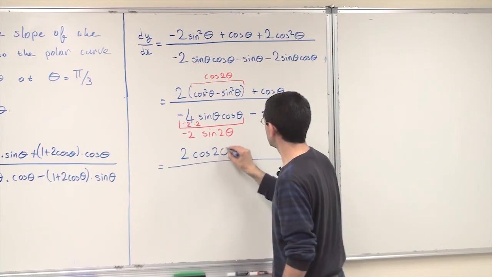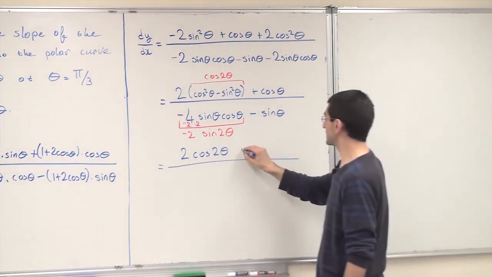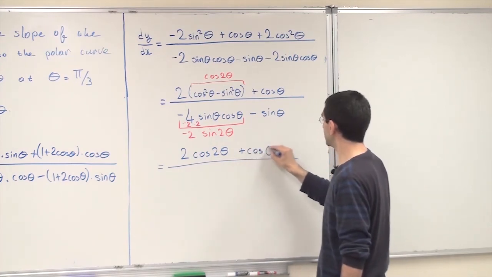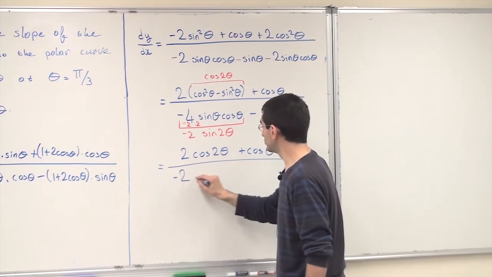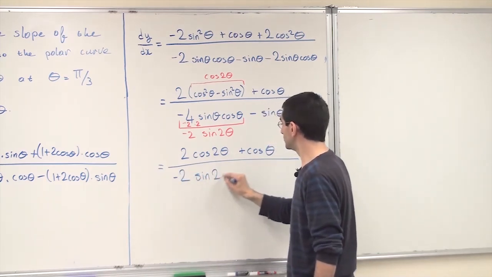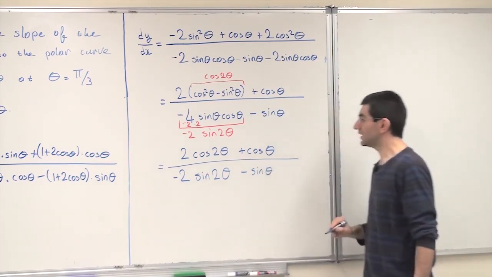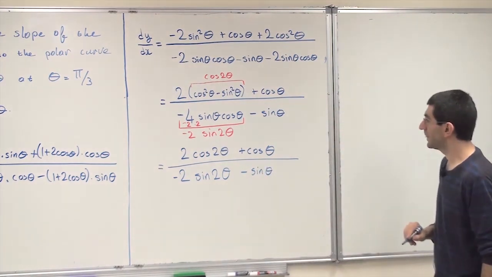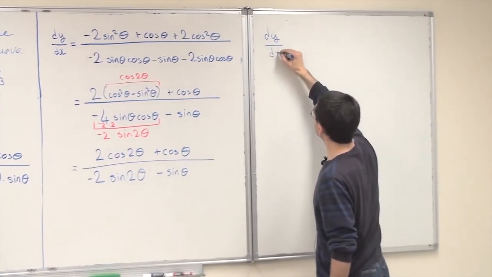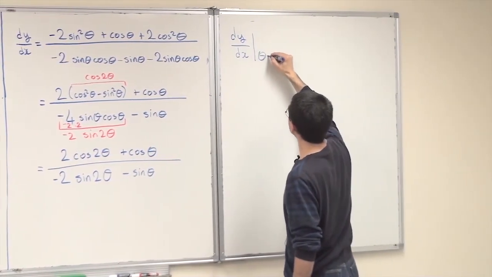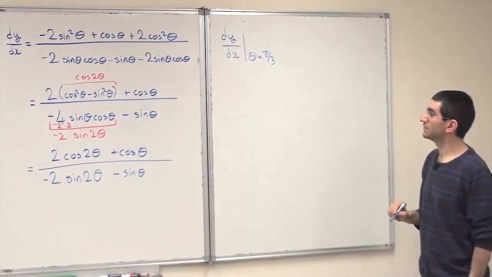We have 2 cosine 2 theta plus cosine theta in the numerator, and negative 2 sine 2 theta minus sine theta in the denominator.